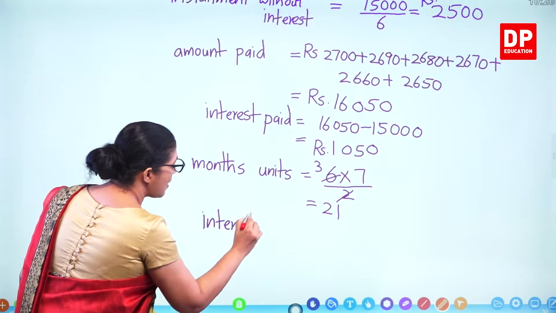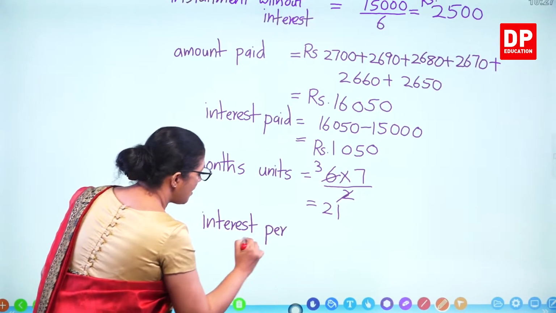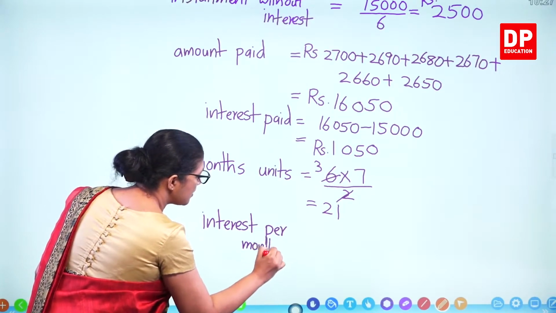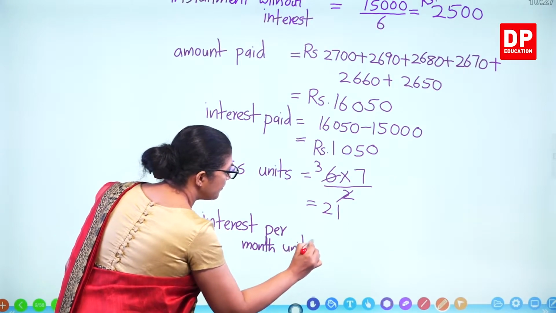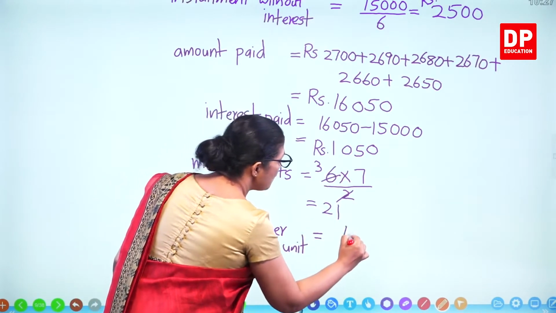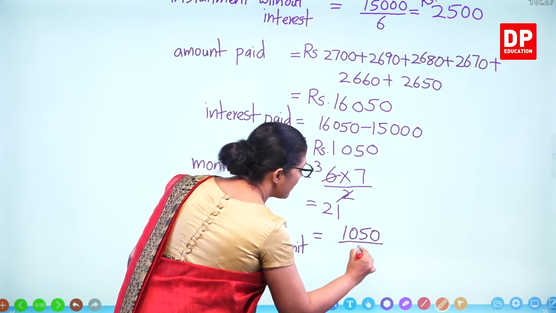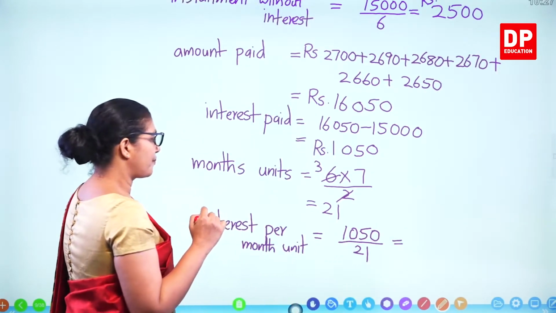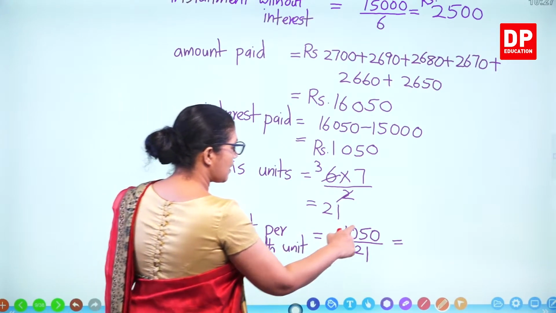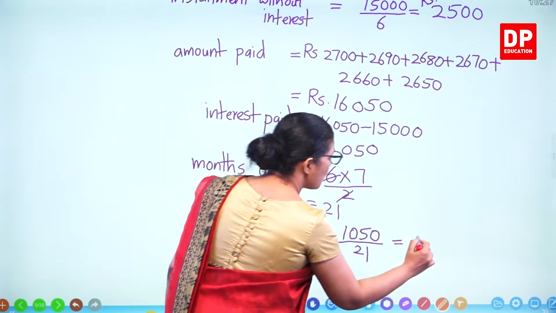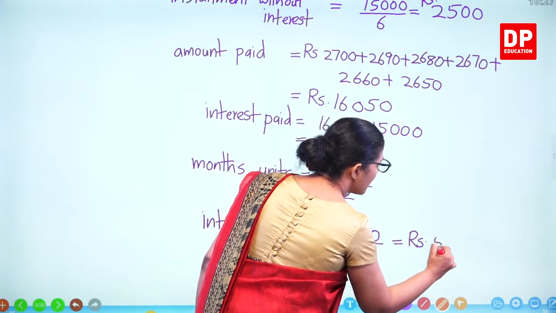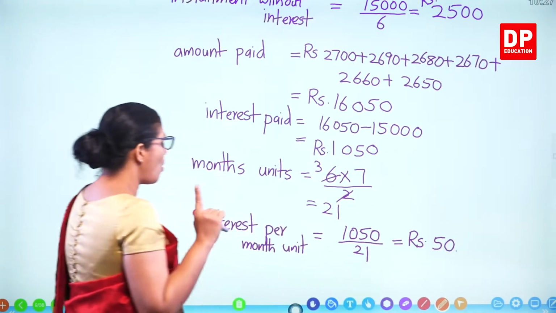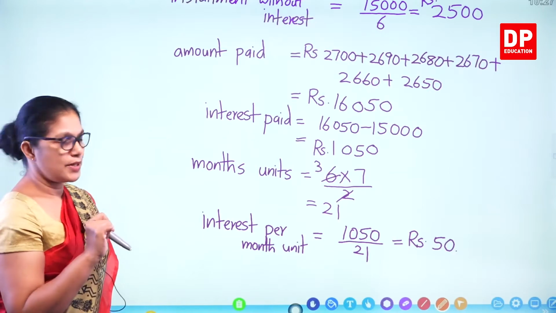Interest per month unit. That means 1,050 divided by 21. How many? This is 5. So 50 rupees paid for a month unit.